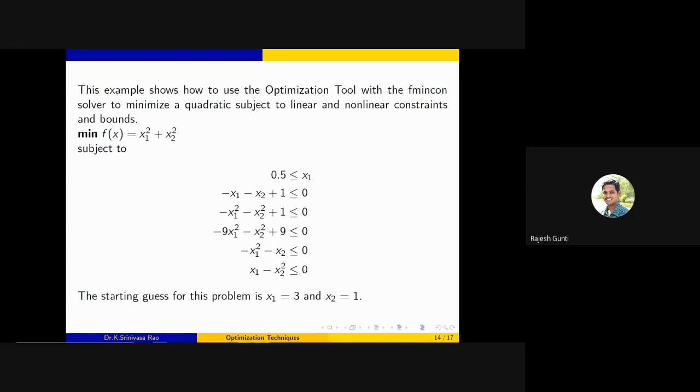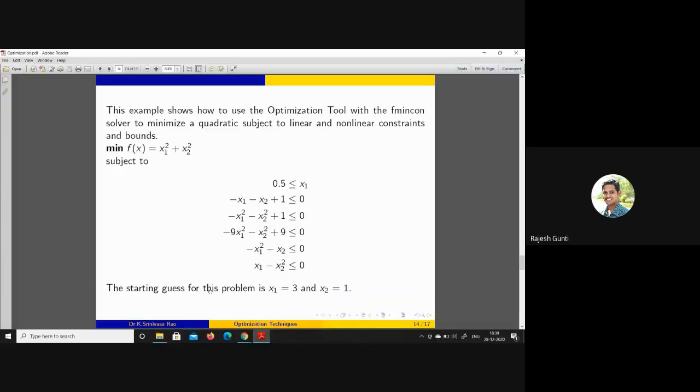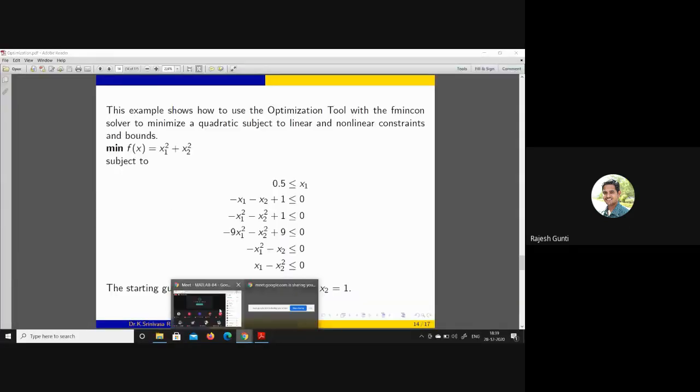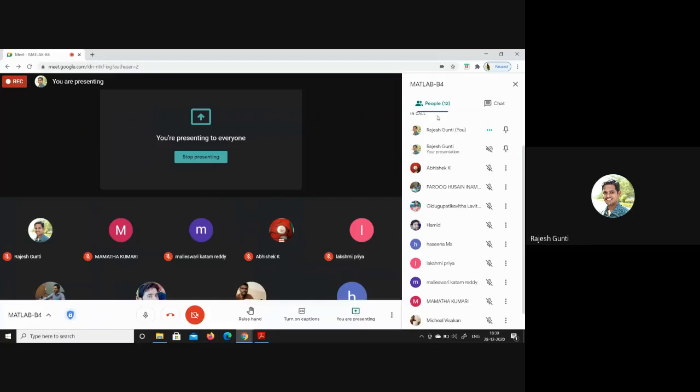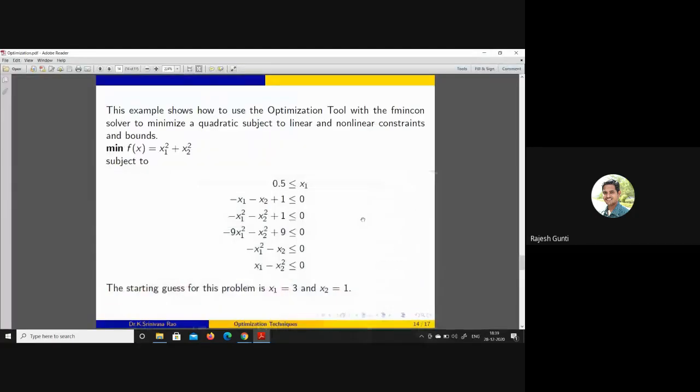For nonlinear inequalities and equalities, you have to create an M file. For this objective function, we have to create one M file.